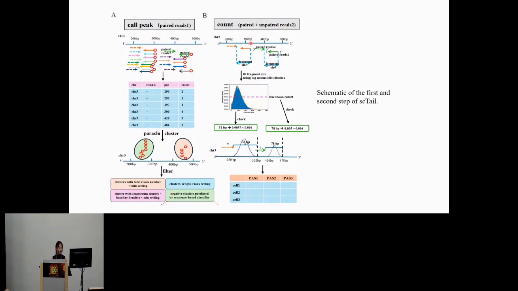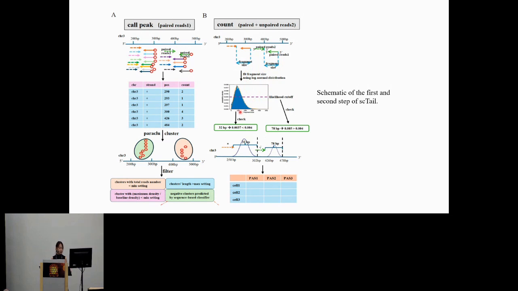The second step is counting. We use the paired reads, Read 1 and Read 2. Here we define the fragment size as the distance between Read 1 and Read 2, and then we use a log-normal distribution to fit the fragment size. After that, we can get an empirical distribution of the fragment size.